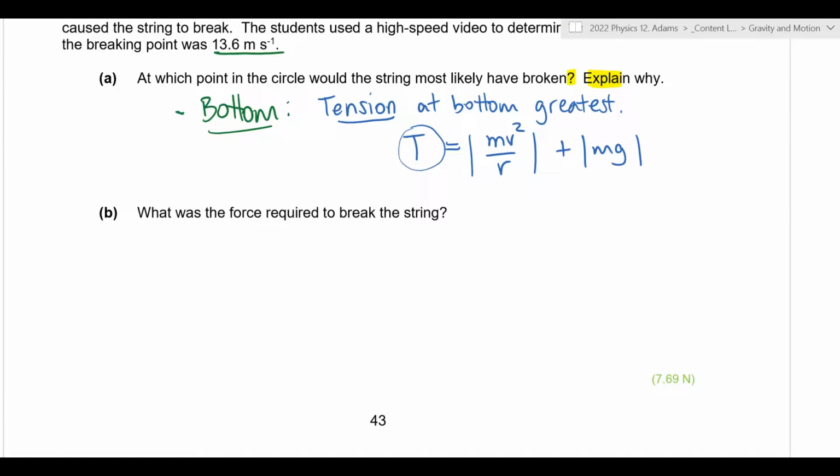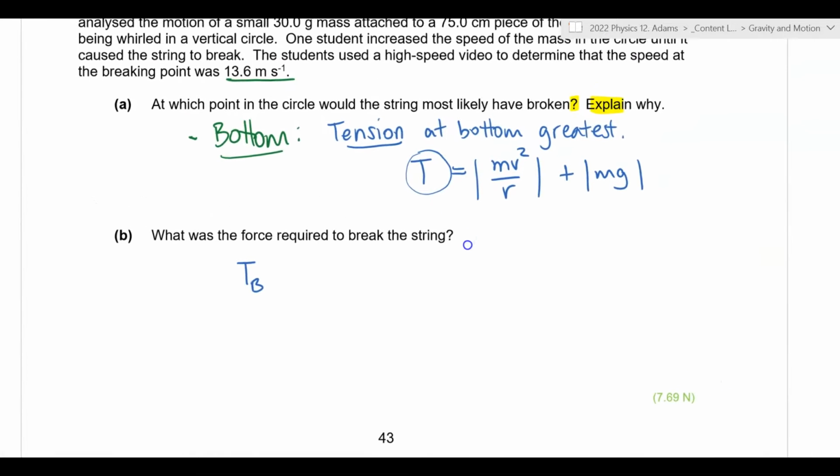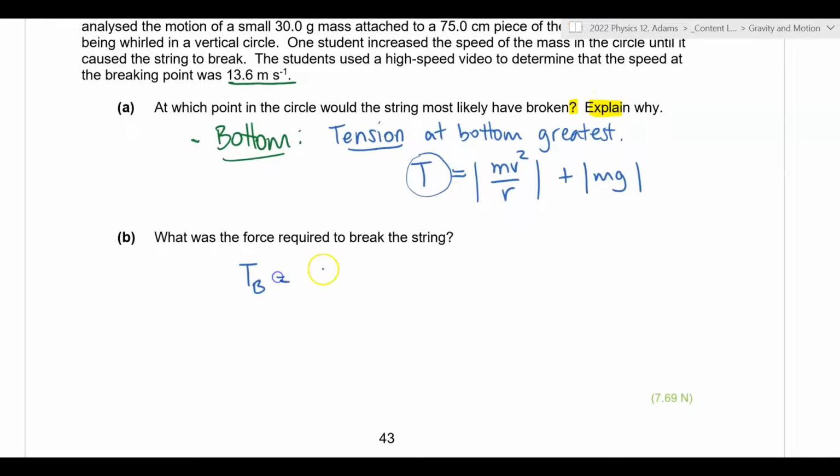So now, part B. What was the force required to break the string? Okay, so we start with that formula that we just used. T, and I'll just call it T_B, the tension at breaking point. So, mv squared on r, it's got to supply the centripetal force, and it's got to at least overcome the weight force. Okay.